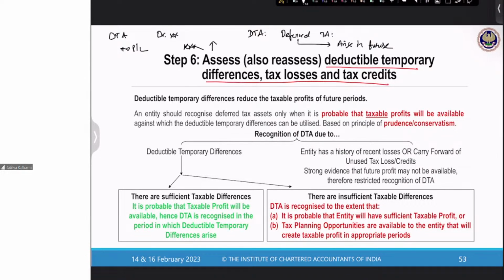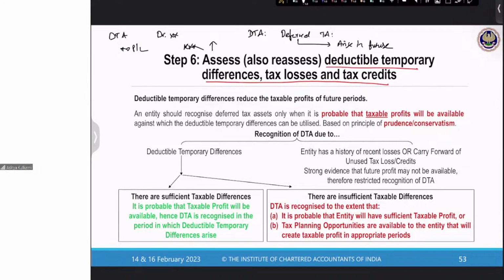Now the gratuity part, in the P&L, you debit it based on your actuarial calculations. So you will debit and reduce the profit. But for tax purposes, will you take the gratuity based on the actuarial values? Answer is no. It will be added back, because gratuity is deductible only on a payment basis.